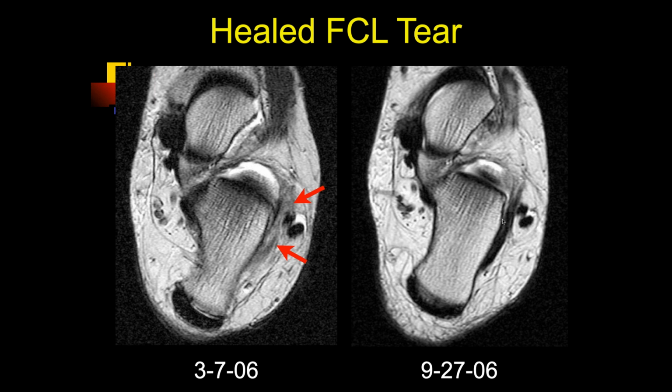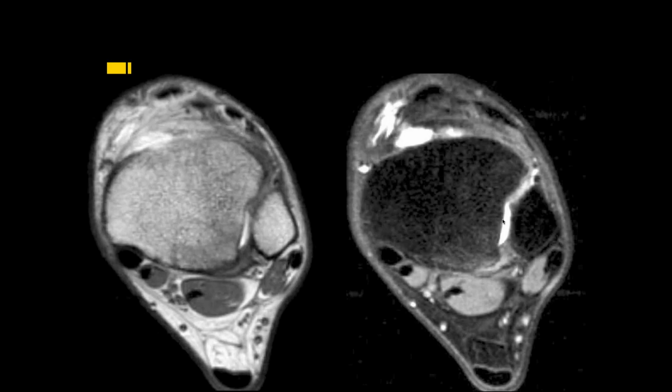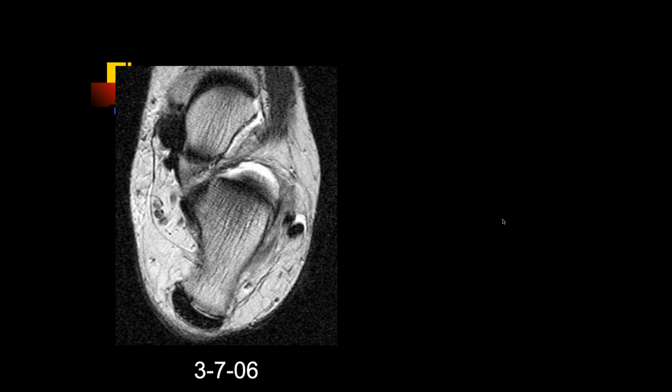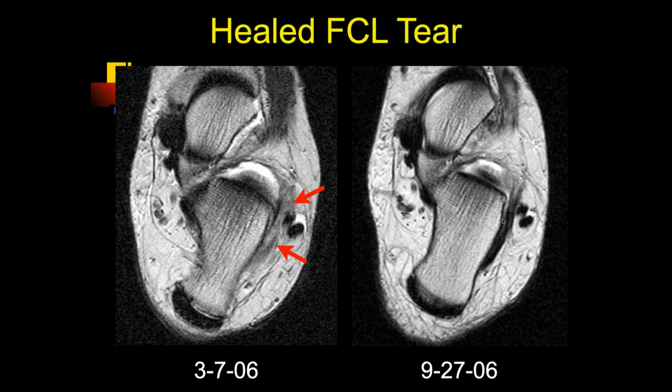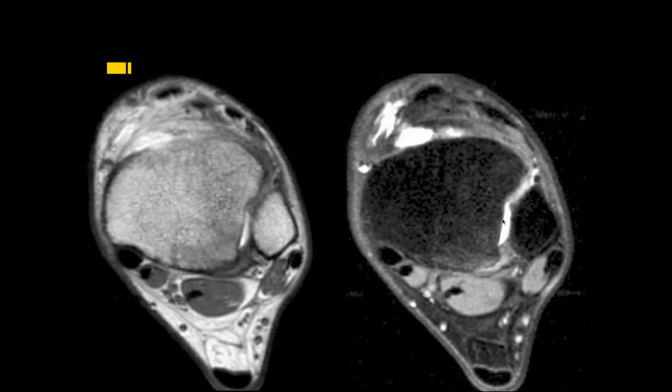So we see these ligaments, and if they're a little bit thickened, we say compatible with an old injury. And this is the reason why we say that, it's a typical way that they heal with scarring. 6 months is still not completely mature. It takes a good year to do that.